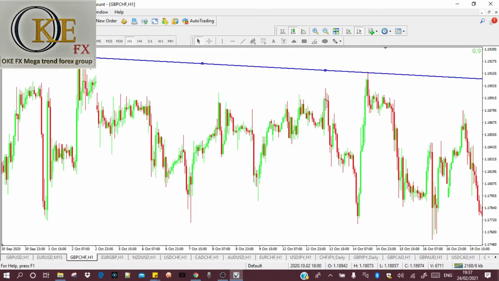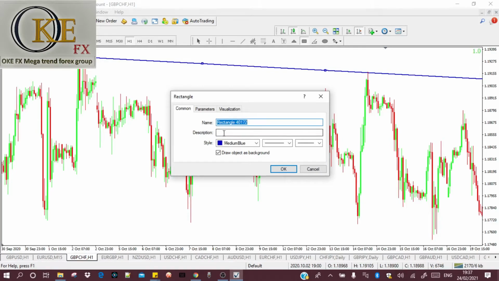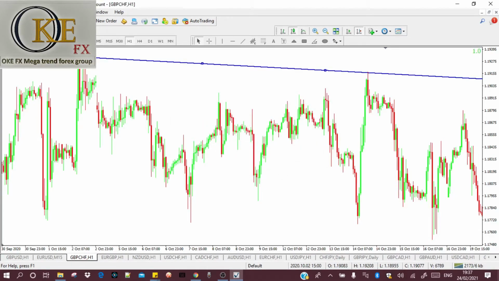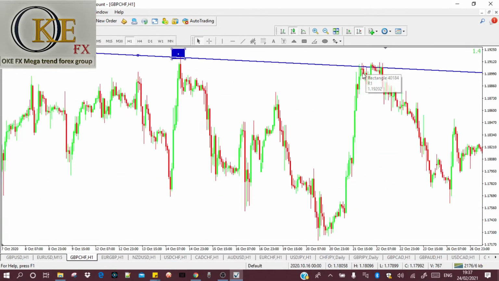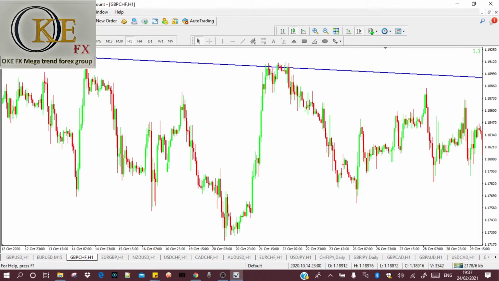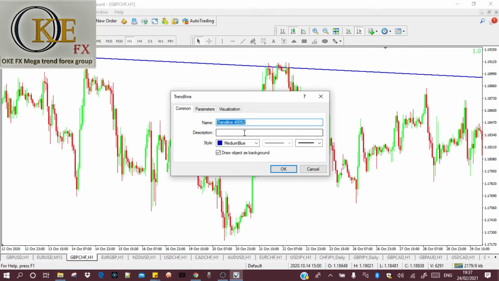So notice, remember we say point A. Now you can also label it as simple, just like the way I taught you. This is now resistance 1, then you drag it, resistance 2. Should I leave you to do the numbering? Okay, let me just do it.